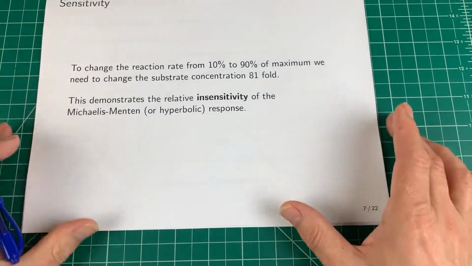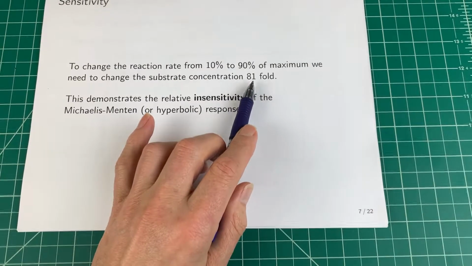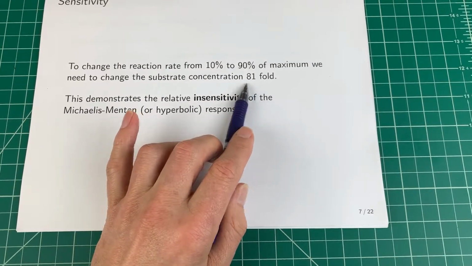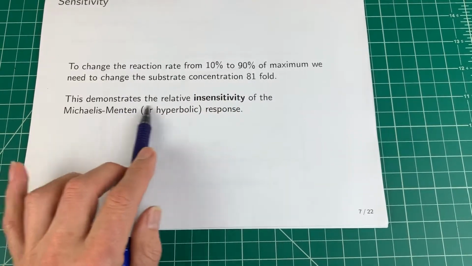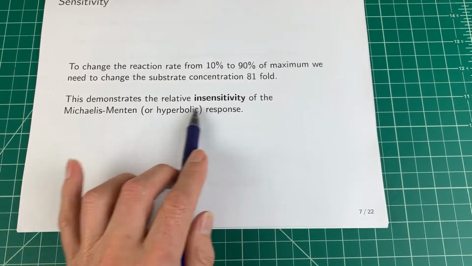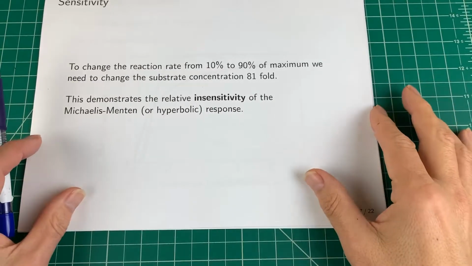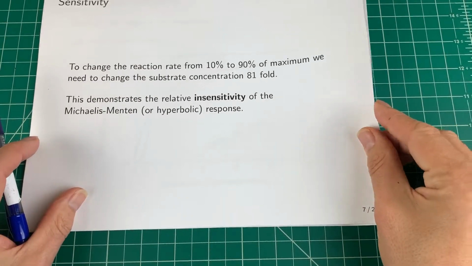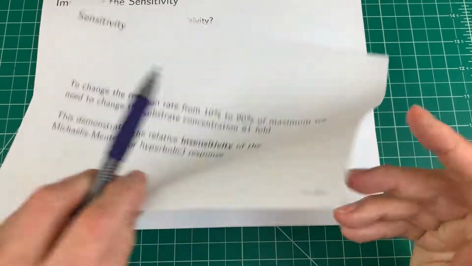That's what that means. The fact that it's such a big number, that it takes such a big change in the substrate concentration to go from 10% to 90%, suggests that the Michaelis-Menten, or hyperbolic, response is relatively insensitive.